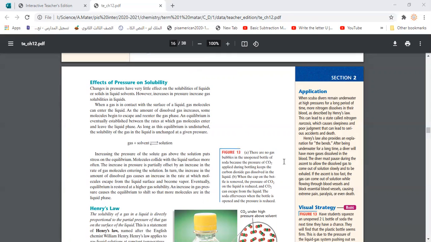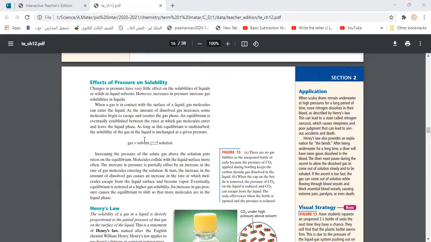In the normal case, if we have a liquid and a gas in contact with its surface, some of the gas penetrates inside the liquid and starts to dissolve, while some other gas particles escape and return to the gas form outside. After a while we reach a case of equilibrium, in which gas plus solvent equals solution.